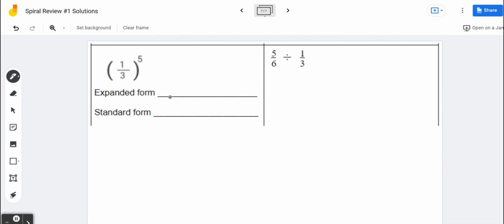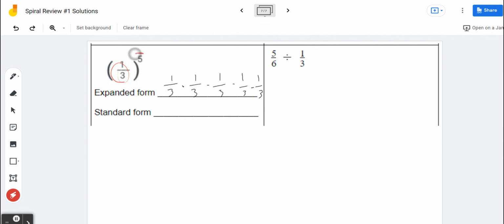Exponents, so expanded form. Remember, expanded means write it out the long way. An exponent is a short way of writing a big multiplication problem. So the exponent is telling me multiply this 5 times.